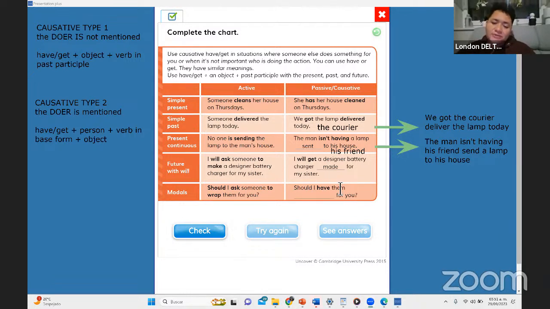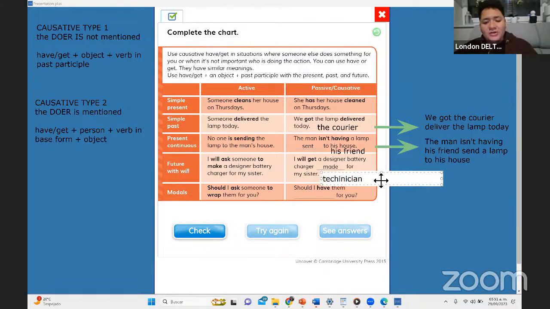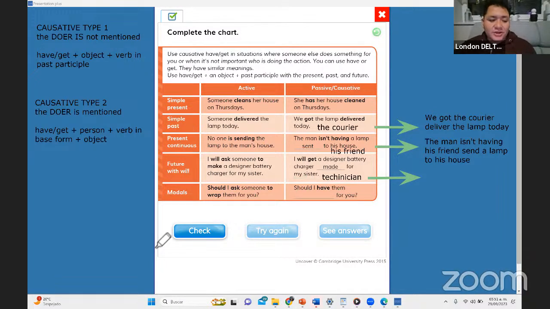Vamos a utilizar aquí technician. Ok, ahora vamos a escribir con causativo tipo 2. ¿Cómo sería ahora la oración? Ahora vamos a mencionar que un técnico hace esta acción. Please, you can write it here on the chat.